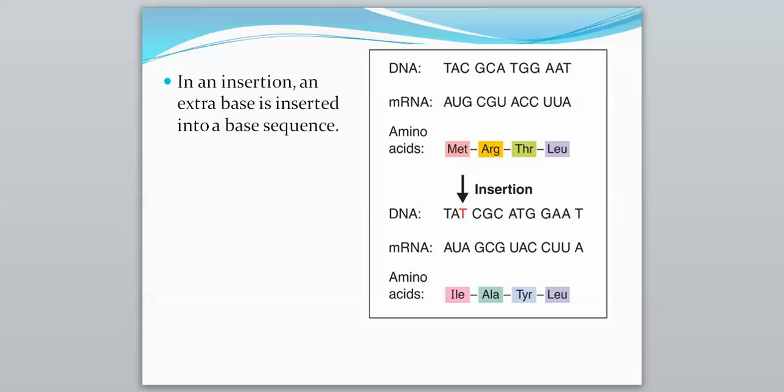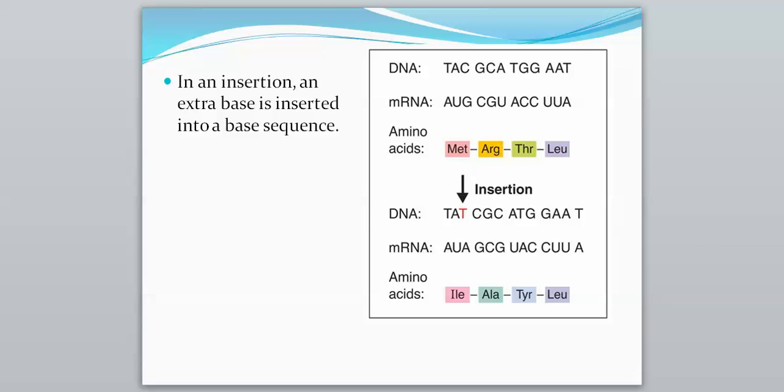More specifically, in an insertion, an extra base is inserted into a base sequence. If we look up here, our normal sequence is TAC, GCA, TGG, AAT, then our mRNA comes along, and it's fine, and it gives us our normal amino acids. Now in an insertion, instead of substituting our C for our T, a T simply gets stuck in by itself, and it pushes everything over.